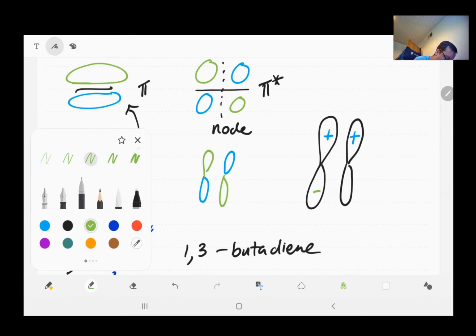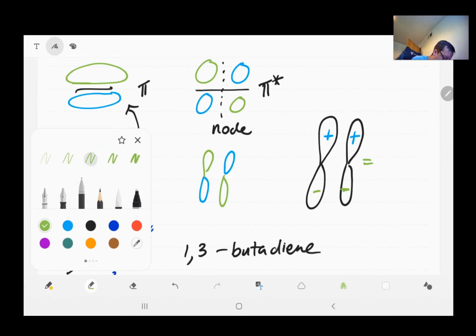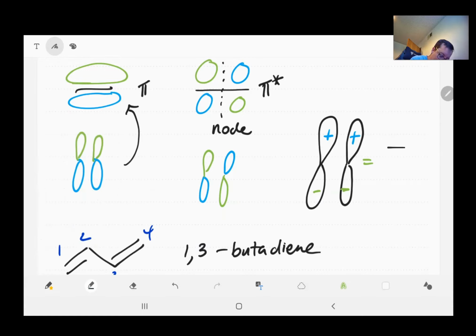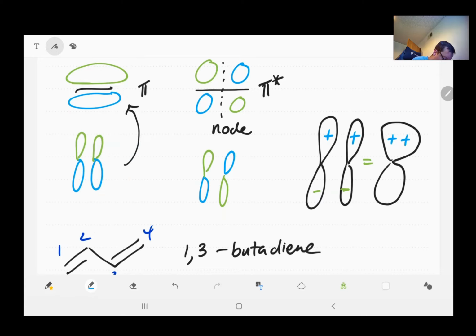If we want them to fuse together, they have to be the same. So doing it this way, you'll end up with our bigger, happy shared one, where we have them like this.